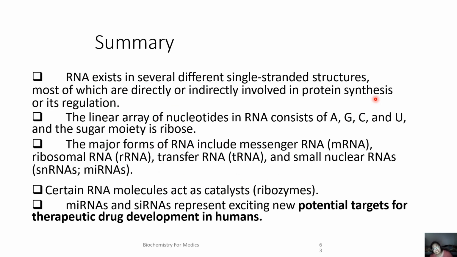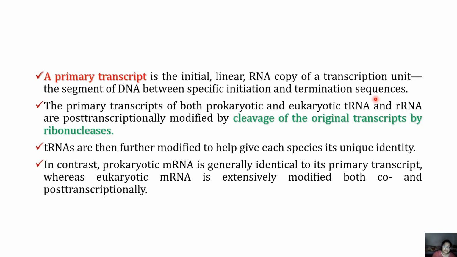So RNA exists in several different single-stranded structures, most of which are directly or indirectly involved in protein synthesis and regulation. The linear array of nucleotides in RNA consists of A, G, C, U, and the sugar moiety is ribose. Major forms of RNA are already discussed, and RNA molecules can act as catalysts, like ribozymes. And miRNAs and siRNAs represent exciting new potential targets for therapeutic drug development in humans.